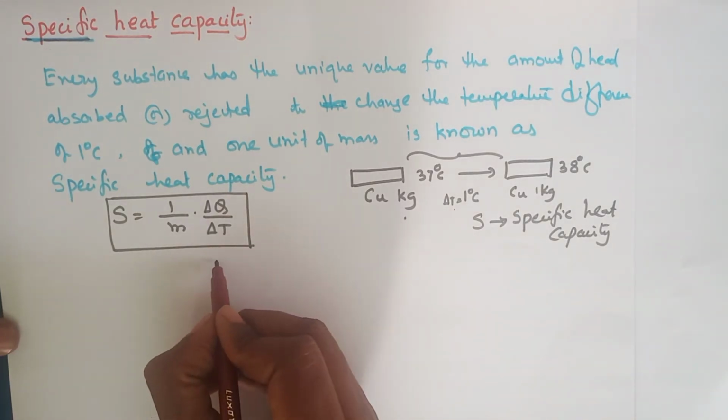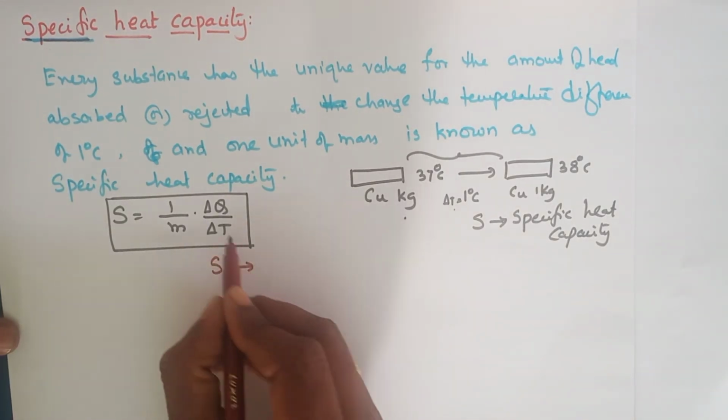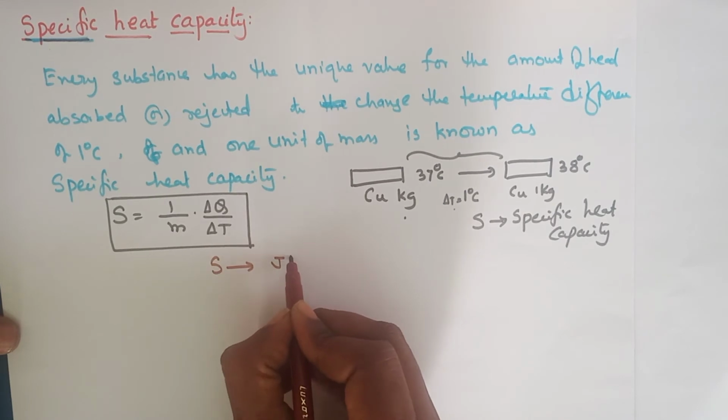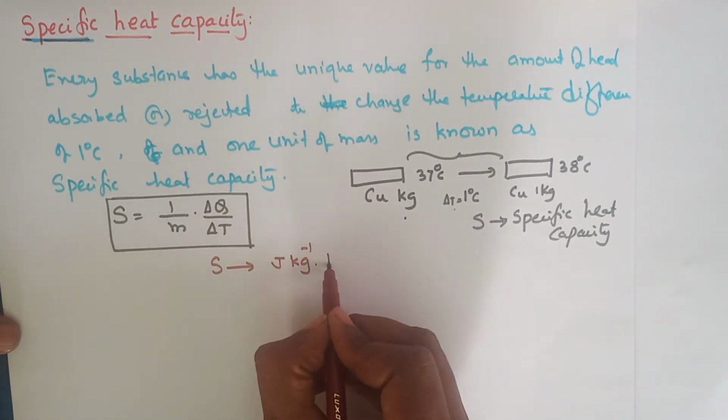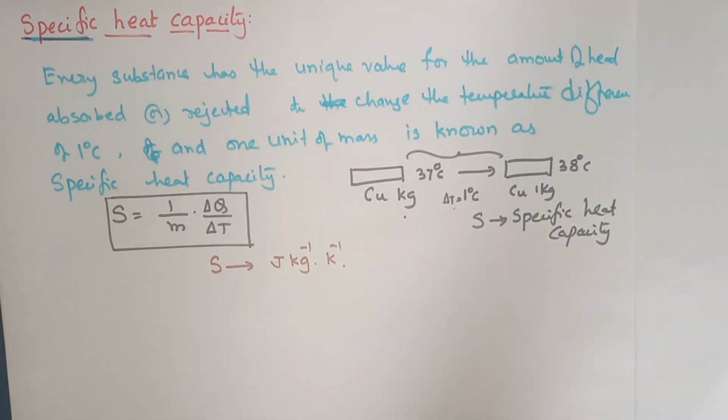What are the units for specific heat capacity? Joule per kg per Kelvin. This specific heat capacity is different for different substances: it is different for earth, water, copper and aluminum. These individual values are fixed and cannot be changed from time to time.